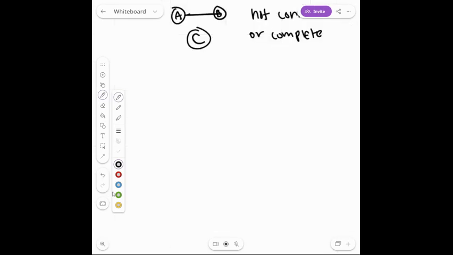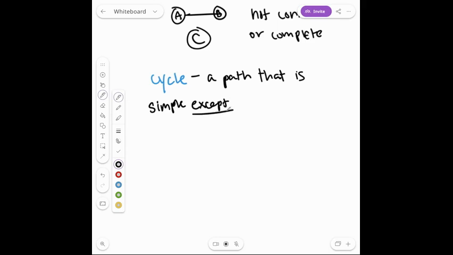Okay, let's define another term, which is a cycle. A cycle is a special type of path that is simple except that the first and last vertex are the same. So essentially, it forms a cycle back to itself.